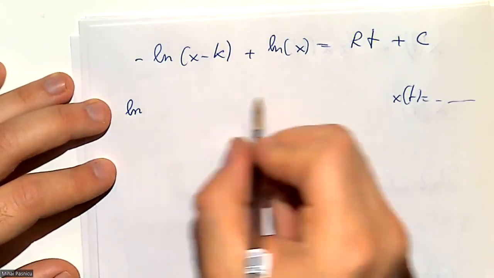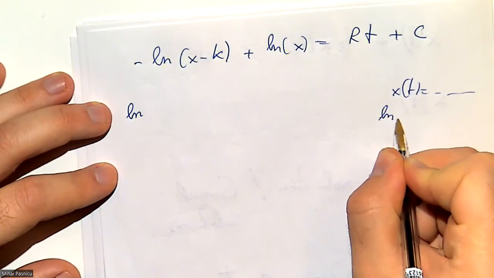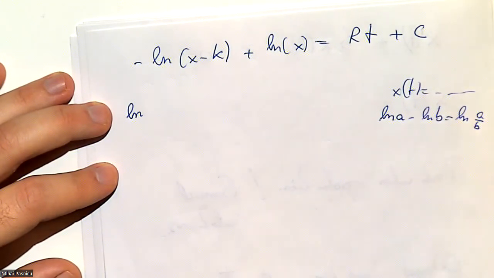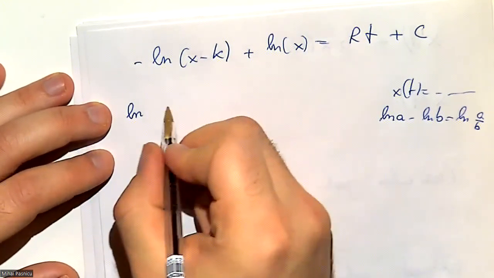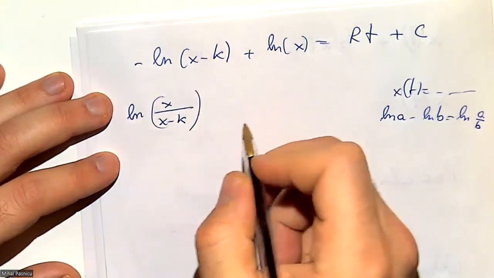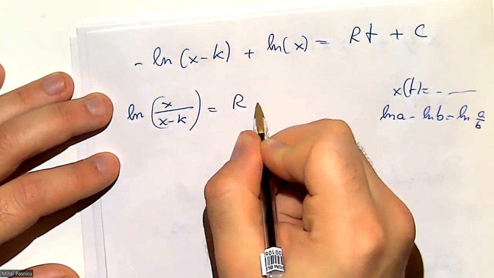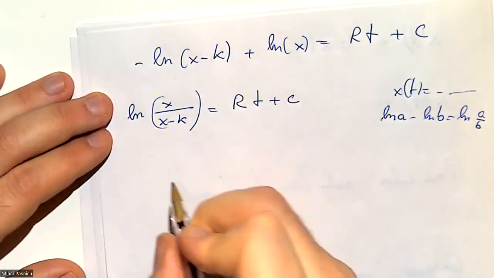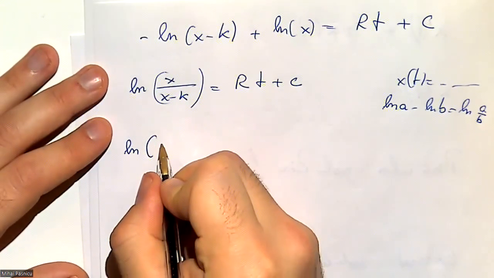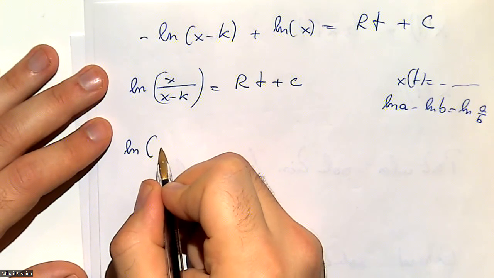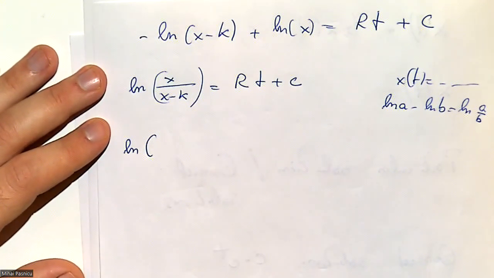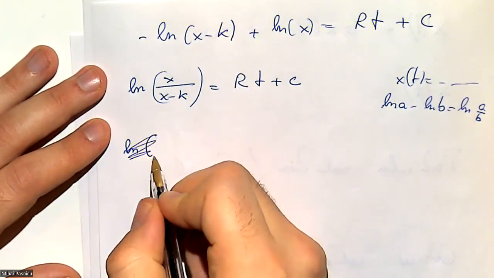So I know the formula: ln of a minus ln of b is just ln of a over b. So I just use it here. This is ln of x over (x minus k) is equal to RT plus a constant. Actually, let's just raise everything to the power. This makes more sense, I think it might be easier.